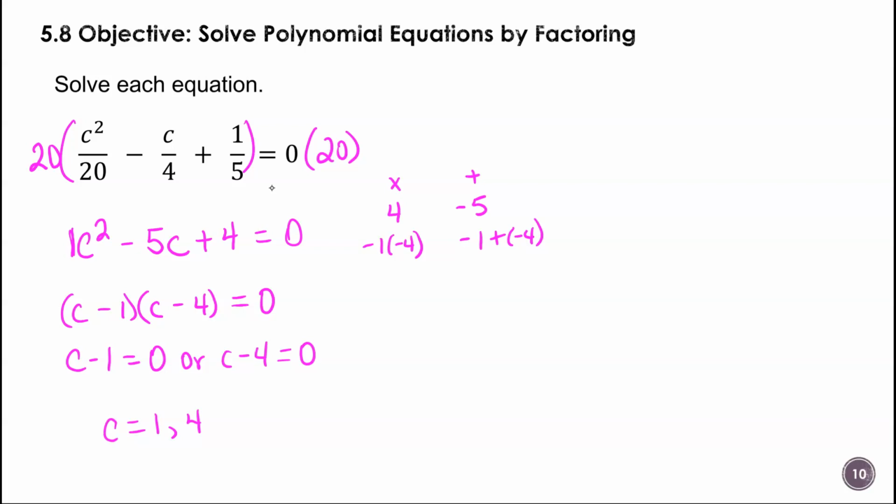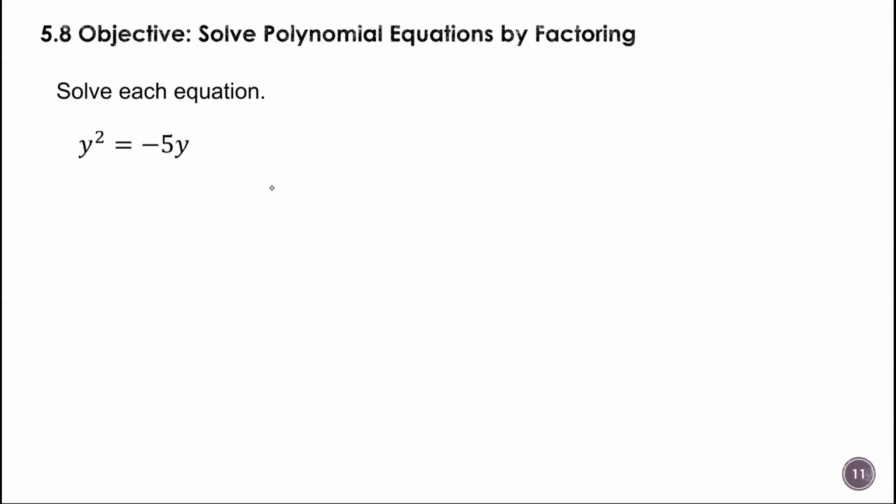All right, here's the next equation. All right, so once again, this one is not set equal to 0. So we're going to add the 5y to both sides. So it will be y squared plus 5y, let me write that a little closer, equals 0. And then this one just has a common factor.